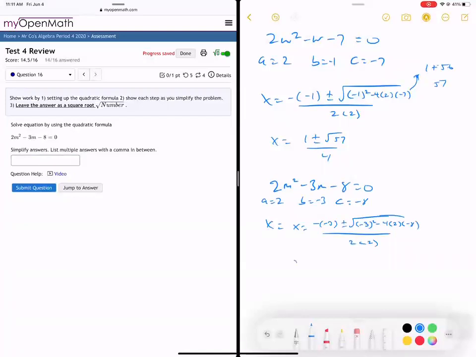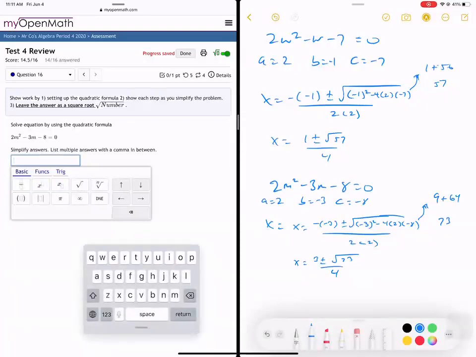All right, let's do the inside first. 3 times 3 is 9. 4 times 2 is 8. 8 times 8 is 64. Negative, negative is positive 64. We're doing all this math in our head: 73. x equals 3 plus and minus square root of 73, all over 2 times 2, which is 4.